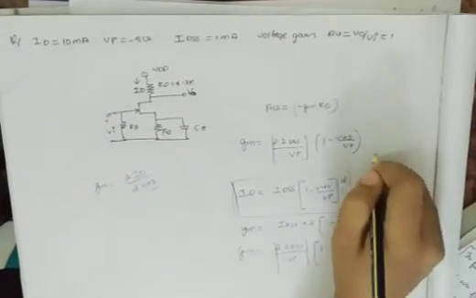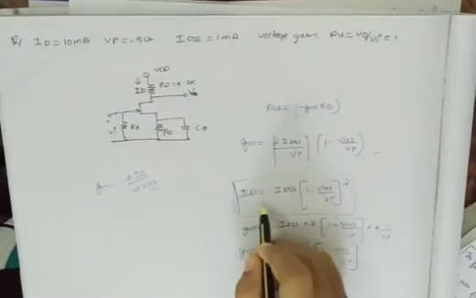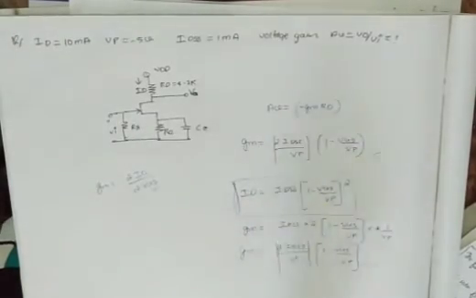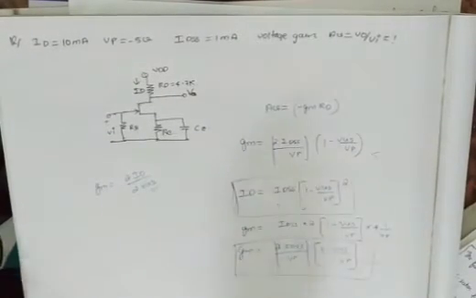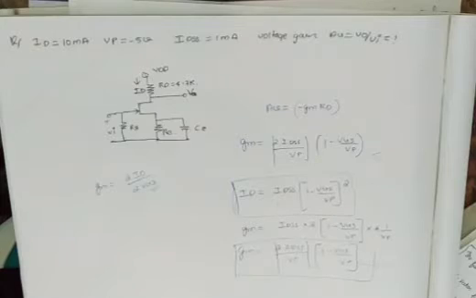This is the formula here, right? So you have to memorize just this formula only. We are not going to take the negative value, that's the only difference. So Gm equal to 2 into IDSS divided by Vp into (1 minus VGS divided by Vp).